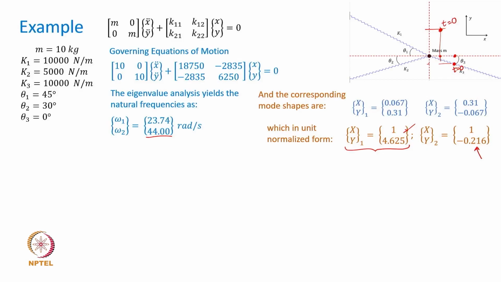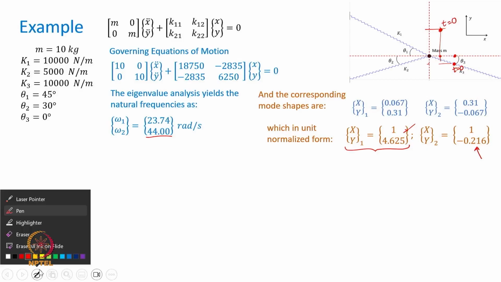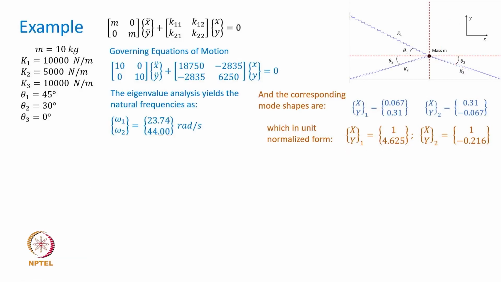But for the general motion when it is perturbed arbitrarily, the general motion is written in this form which we have discussed already: x as a function of time and y as a function of time is given as a combination of the two normal modes omega 1 and omega 2 with their respective contributions, and the mode shapes of individual modes at frequency omega 1 and omega 2 appearing in these two terms.